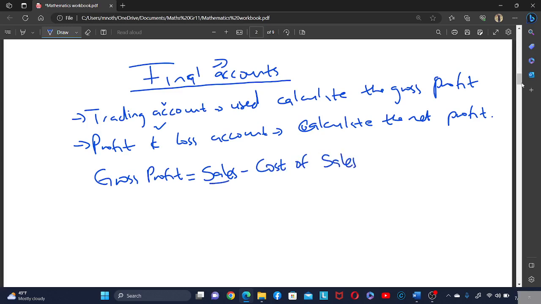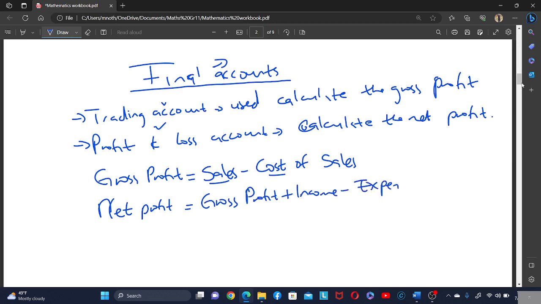And then we have the net profit. Net profit is equal to gross profit plus the incomes minus the expenses. Then you get the net profit.